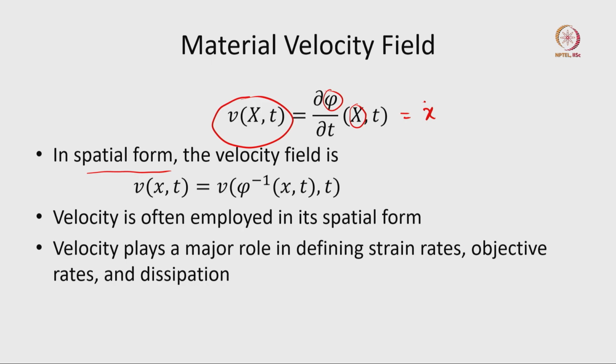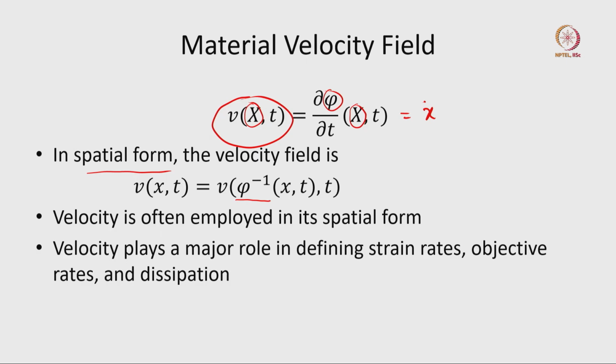So, we can write v in terms of small x by relating this capital X in terms of small x through phi inverse. As you see, phi inverse of small x comma t at any t is nothing but capital X, right.